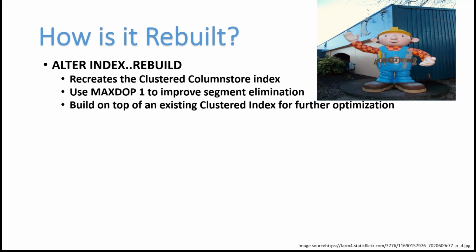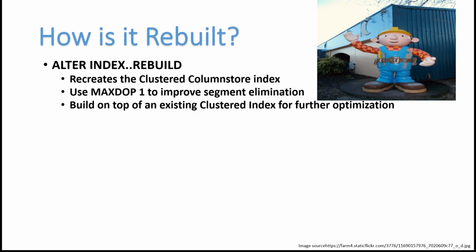Another thing we can do for further optimization is to build the clustered column store on top of a clustered index for better segment elimination. We don't have an option to control the order of the column store build, but let's say we have a table with an ID column, and we know that we will filter on this ID column a lot.